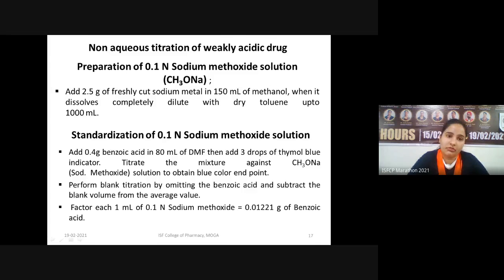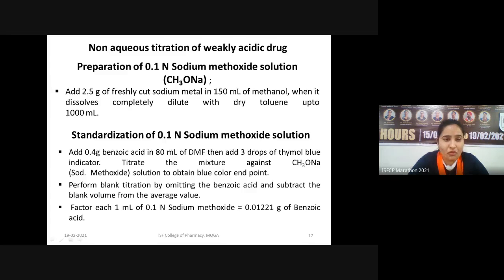So the sodium metal should be freshly cut so that it reacts easily. So add 2.5 grams of freshly cut sodium metal in 150 ml of methanol.